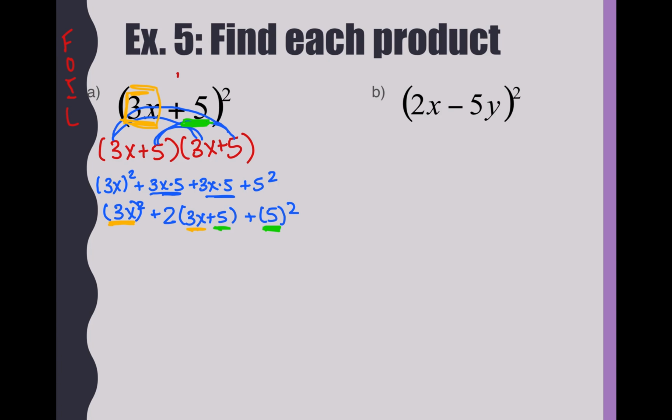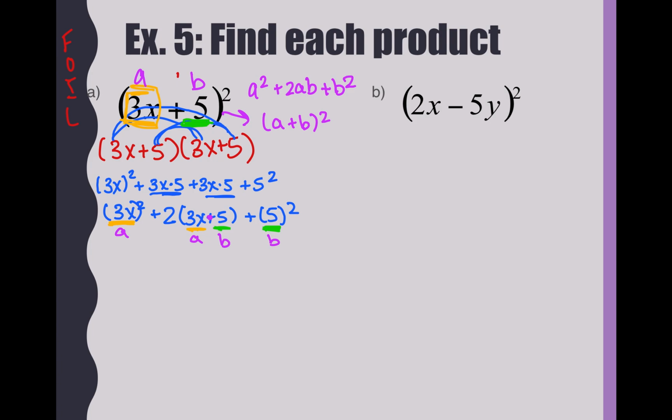I'm going to write it right here: a squared plus 2ab plus b squared, where our original problem was a plus b squared. So in this case, our 3x was our a, our b was 5, we got a squared, 3x squared, plus 2 times ab plus b squared.